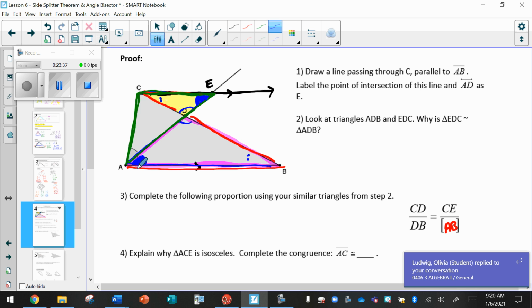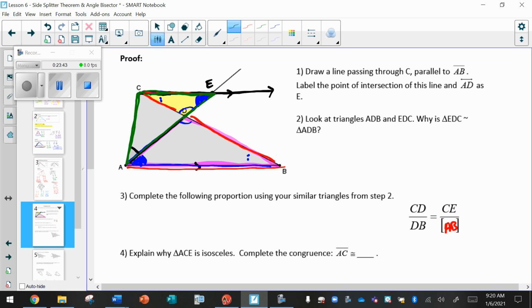And because this whole thing started with an angle bisector, that means angle CEA will be congruent by substitution, or the transitive property, to angle CAE, creating a triangle with two congruent base angles. So by the converse isosceles triangle theorem, there also are two equal sides. That means that side AC is congruent to side EC.